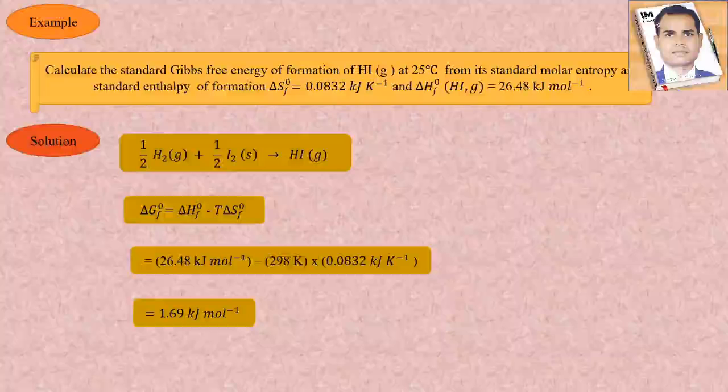After calculation you will get 1.69 kilojoule per mole. That is the standard Gibbs free energy for this reaction, HI in gas form.